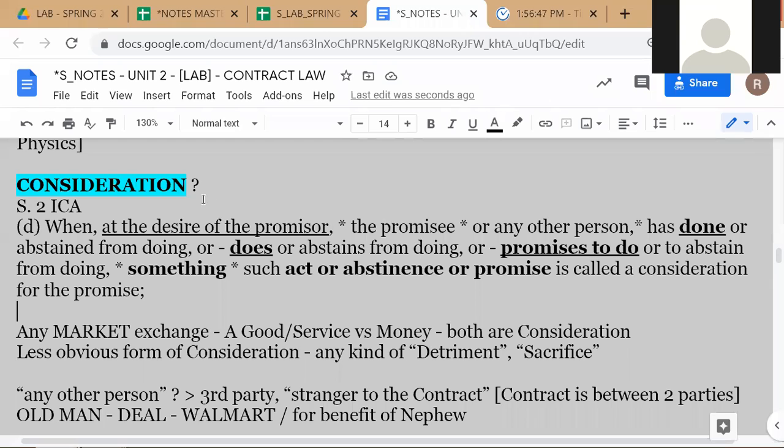In this case, we say that the consideration is any kind of market exchange, a good or service. A good means not good and bad, but good as in the Sale of Goods Act. So generally what we define as market exchanges.